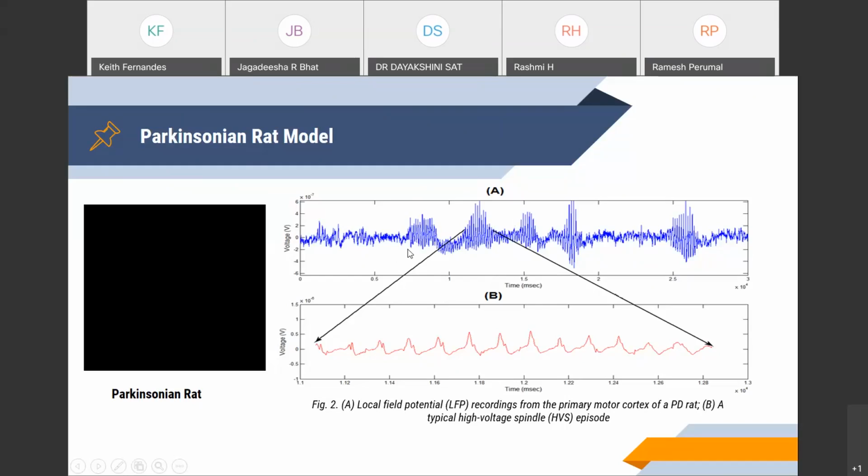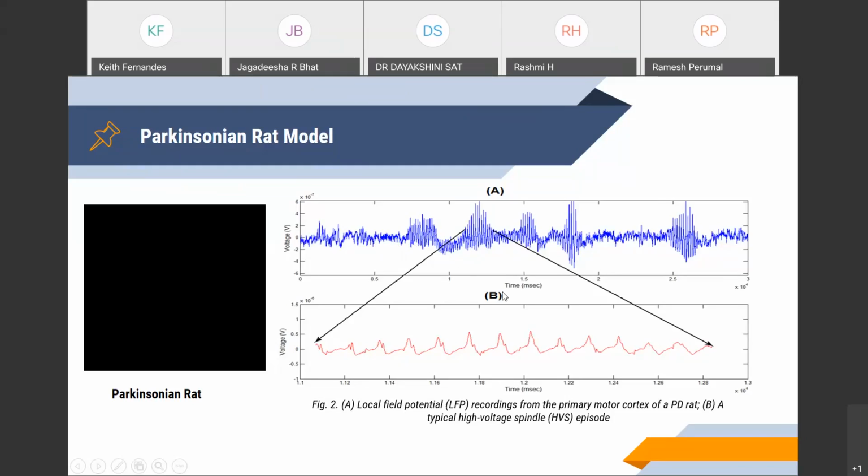These oscillations are called high voltage spindles. Under normal conditions, the oscillations are quite random with low amplitude. But during the pathological, high voltage spindling state, you can see rhythmicity, and moreover these are non-stationary because their mean is different from the background activity.